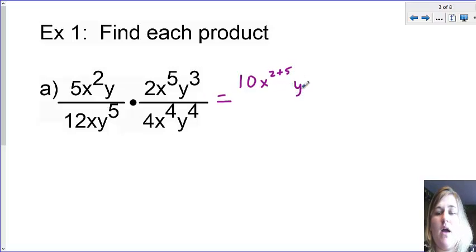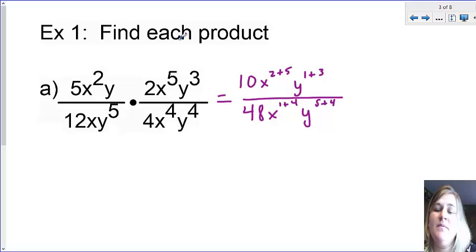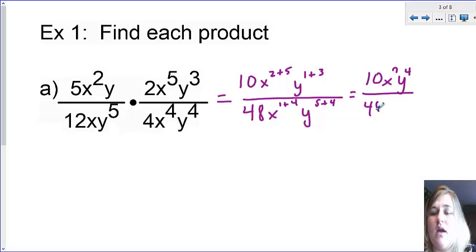And then I have y to the first times y to the third, all over 12 times 4, which is 48, x to the first times x to the fourth, which means I'm going to add those, and y to the fifth times y to the fourth. Then I have 10, x to the 2 plus 5 is 7, y to the fourth, over 48, x to the fifth, y to the ninth.